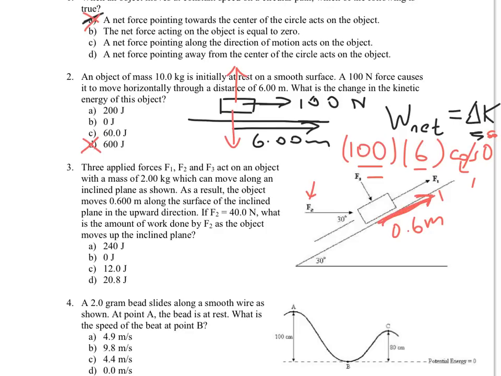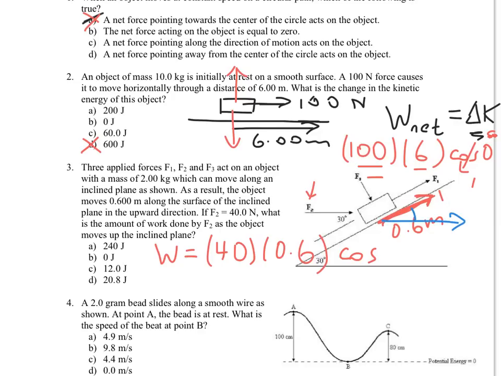Now, they say if F2 is 40 newtons, what is the amount of work done by F2 as the object moves up the inclined plane? Now, work done by F2 is the force of F2, which is 40 newtons, times the displacement, which is 0.6, times the cosine of the angle between the force F2, which I'll put in blue, it's horizontal.